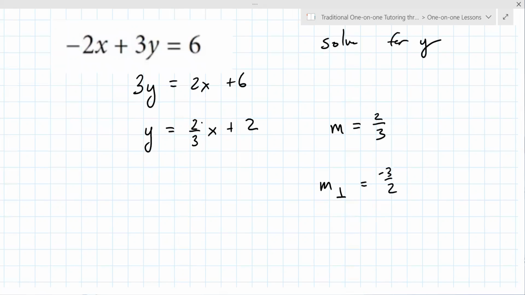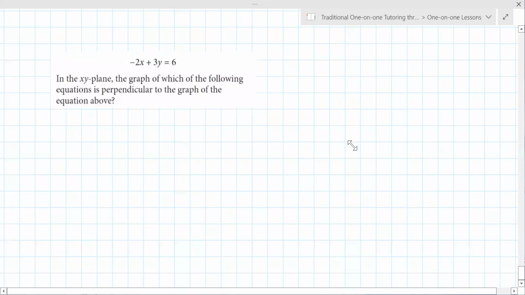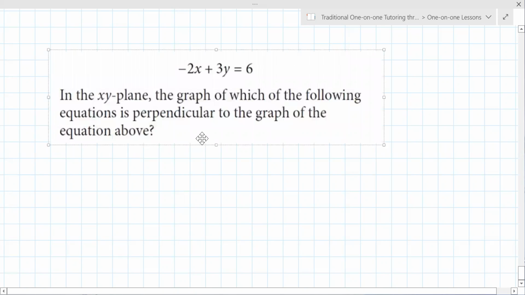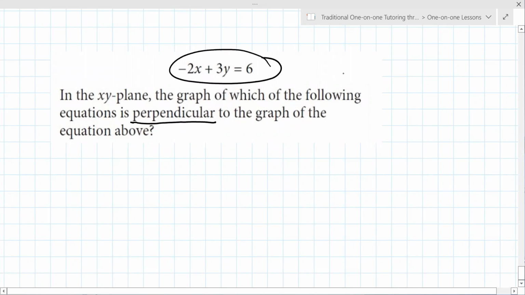Now let's look at just a little bit more of the question. In the xy plane, the graph of which of the following equations is perpendicular? Okay. So here's what you just did. You just told me the slope of this one was 2/3.